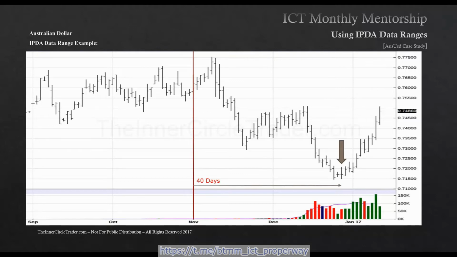All you're doing is anticipating another significant move in price on a daily chart, and it happens every 3 months. But the point is the IPTA data ranges give you a means of looking back 20, 40, and 60 days from specific days and specific price points, because then you'll know what stops they're going to be reaching for above an old high and below an old low.